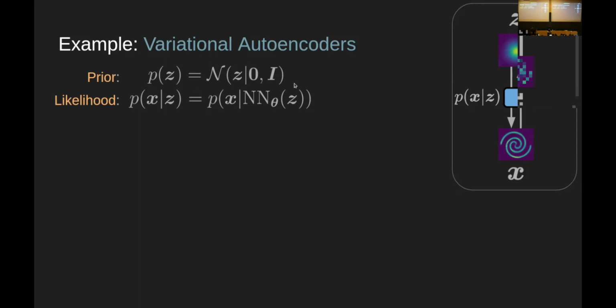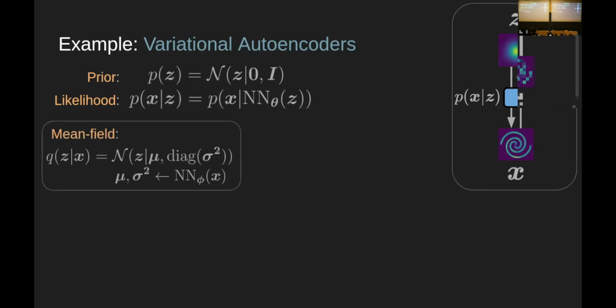The prior is a Gaussian 0, 1. And then you have a likelihood, this is the decoder. It's a distribution over X that is conditioned on z. And here you use a neural network with parameters theta to predict the parameters. So this could be a Bernoulli or a Gaussian or something like that.